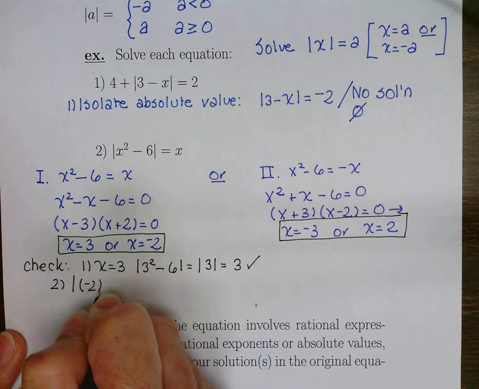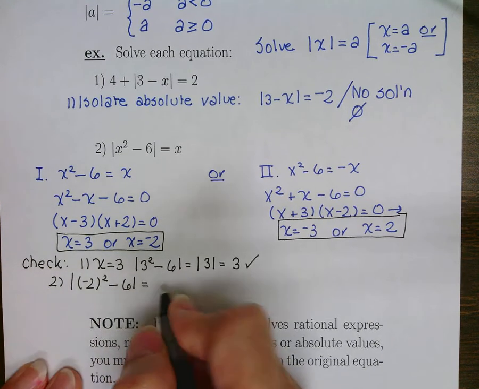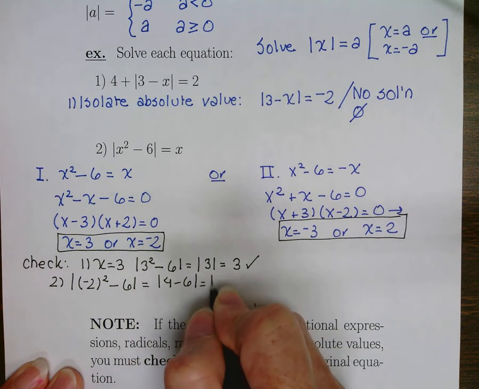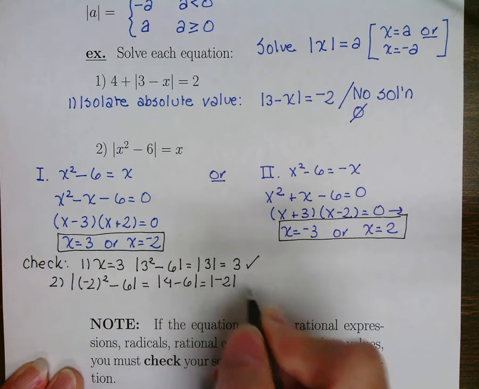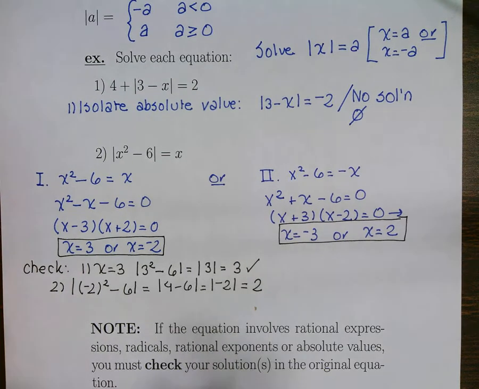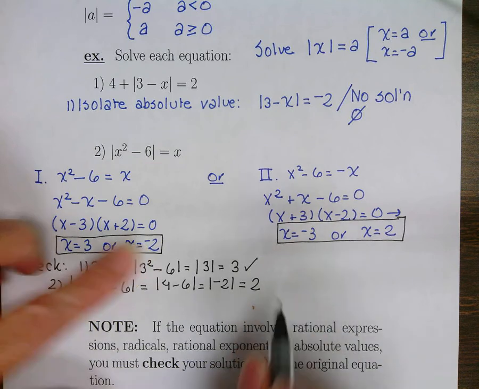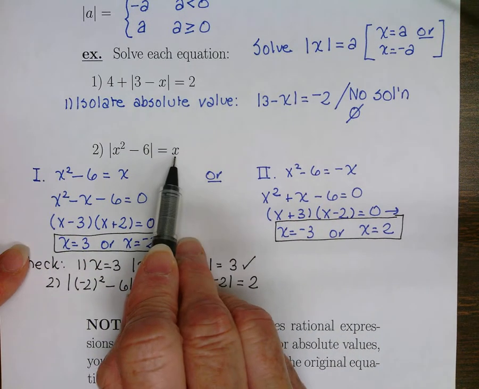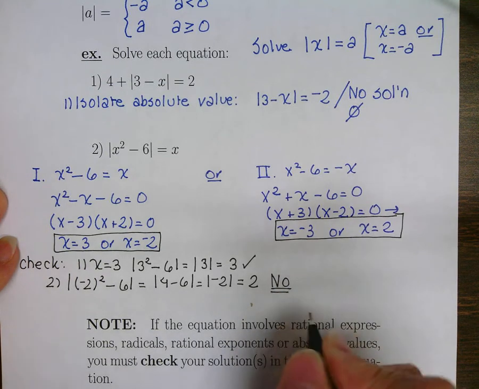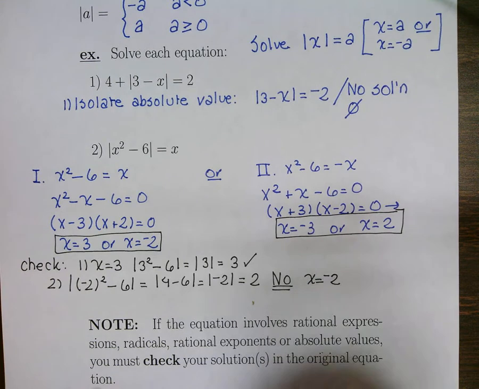The absolute value of negative 2 squared minus 6 is equal to the absolute value of 4 minus 6, which is equal to the absolute value of -2, but the absolute value of -2 is +2. It does not equal the -2 that I need, because remember the right-hand side has to be -2. So this one, no. Okay, so x can't equal -2.